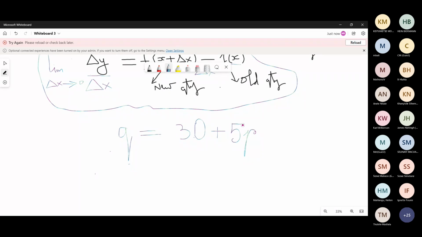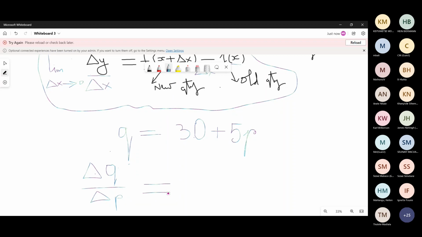5p. Great. If I take delta Q, we even did this one day when we discussed the issue of elasticity. What is this change? It's 5, yes, very good.